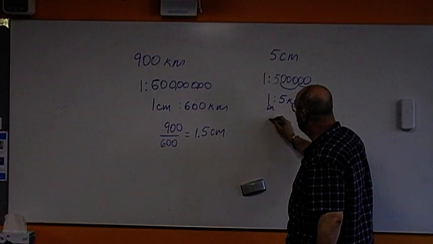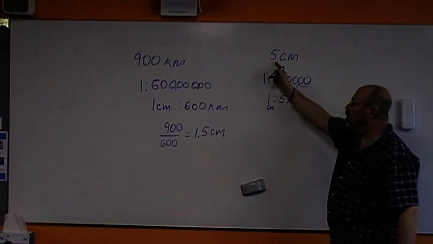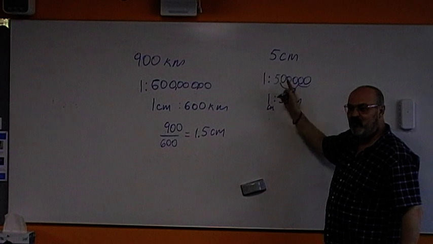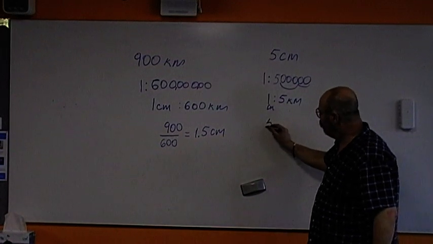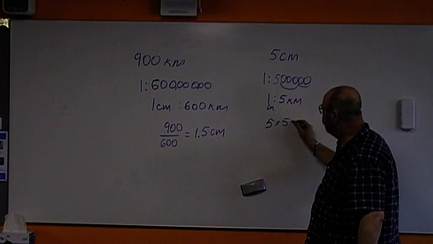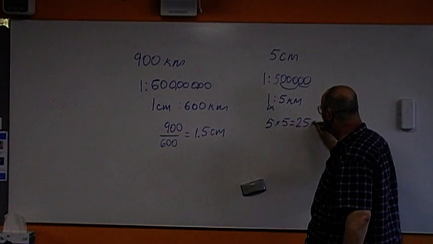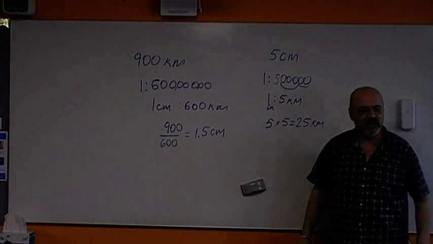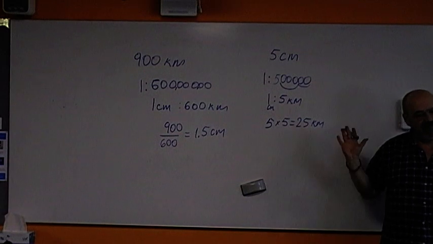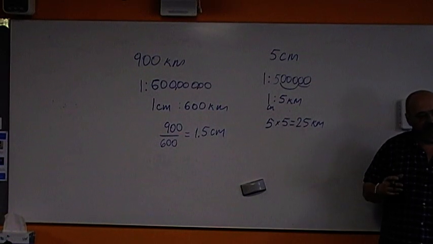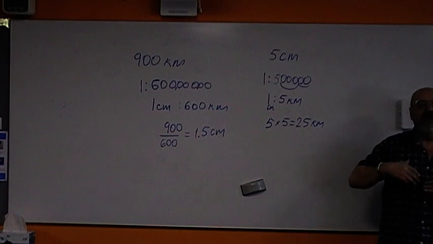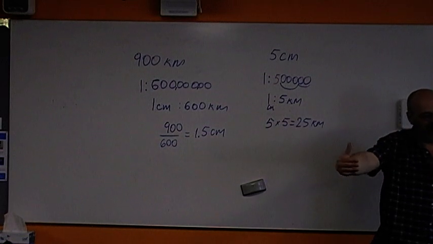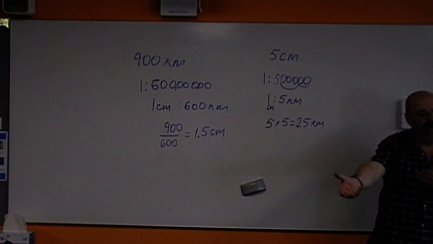So we multiply 5 by 5. 5 times 5, you're absolutely right, 25 kilometers. So definitely not Albury, it's much closer. Does it make sense how to calculate the distance on the map from the actual distance if you know the scale, and backwards?